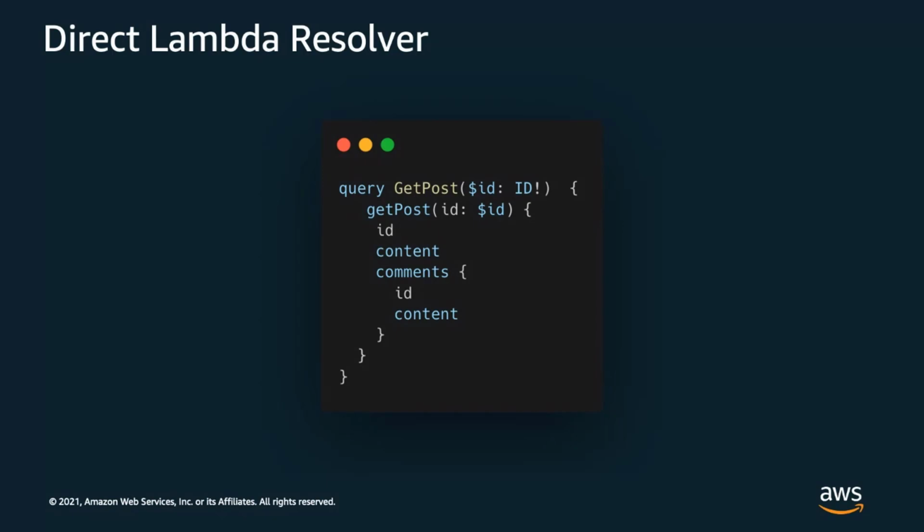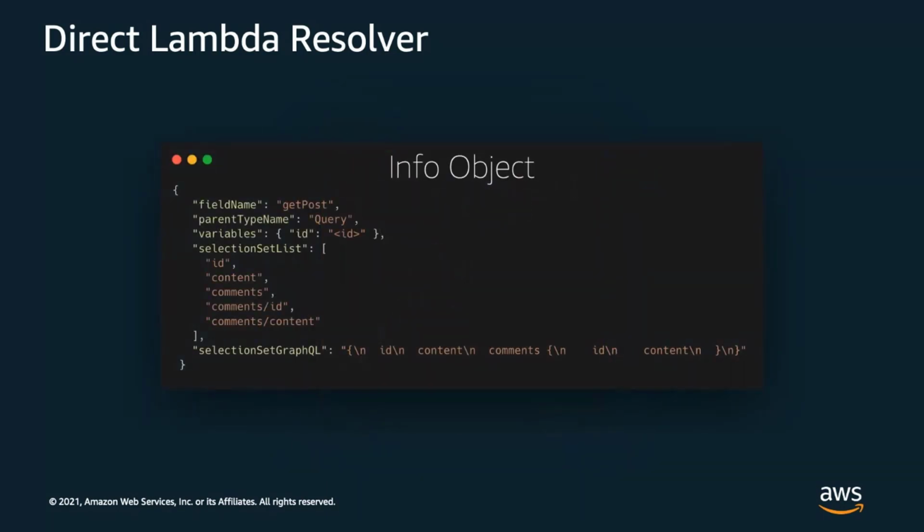If we invoke this get post query with the specific selection set you may find in the slides, we receive an info object like this one. So again, we have the field name, get post, and parent type name, query. We may receive variables, so for example, the ID of the post, and then we receive the selection set list.